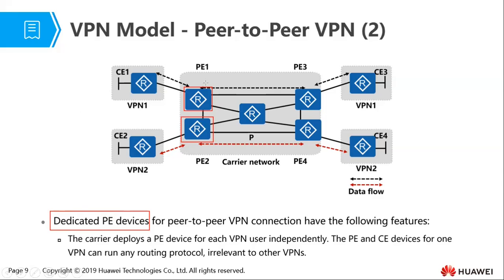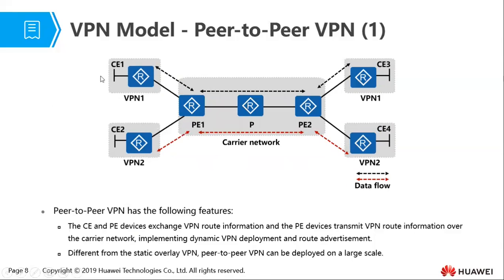The main advantage with this is that you do not need to configure filtering of routes in order to differentiate the routes. When you're using a shared PE device, you have to configure filtering of routes using ACLs and NATing in order to import routes from customer 1 and customer 2 into the correct VPN instance.